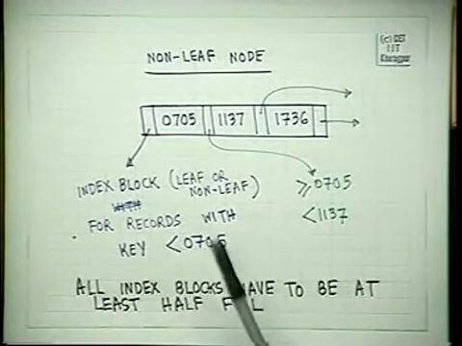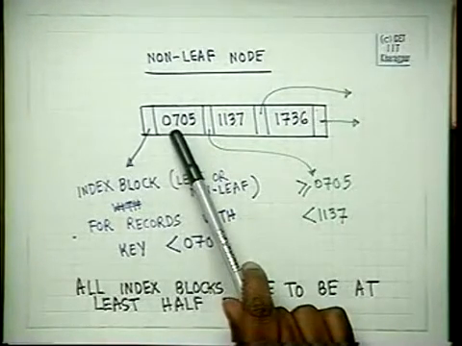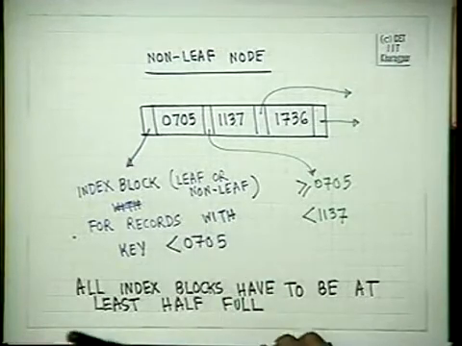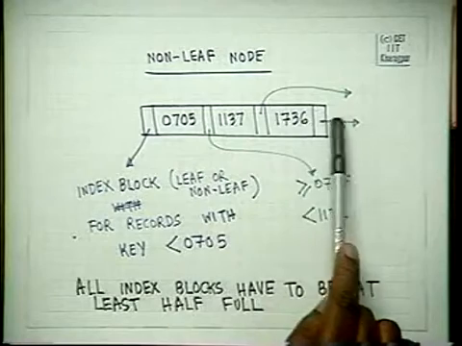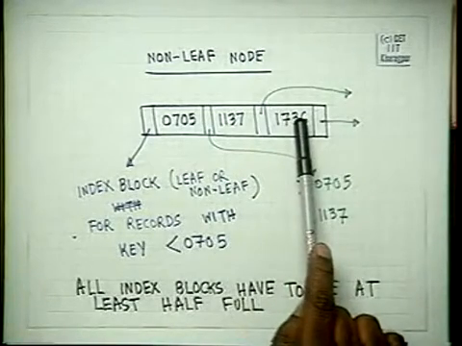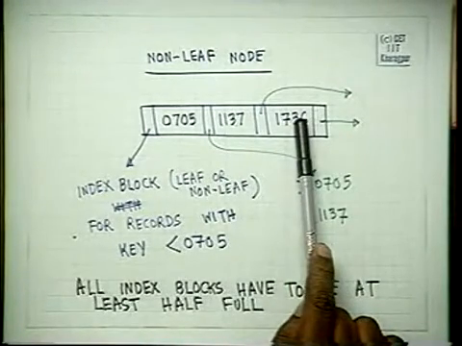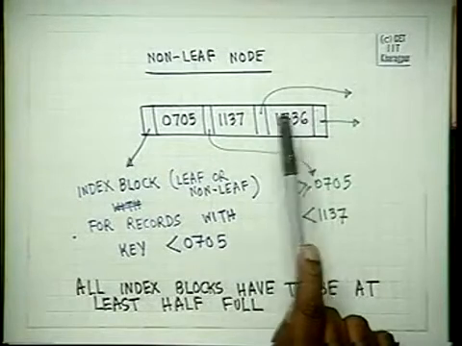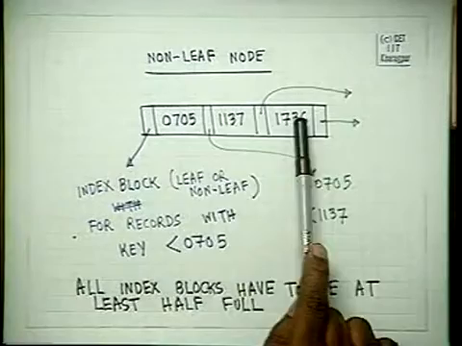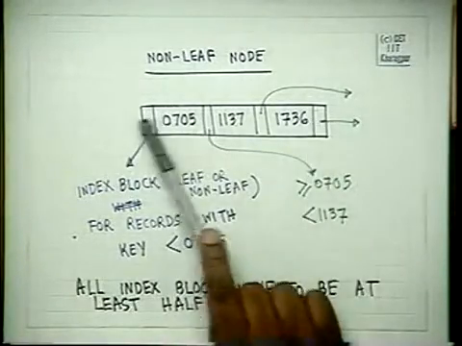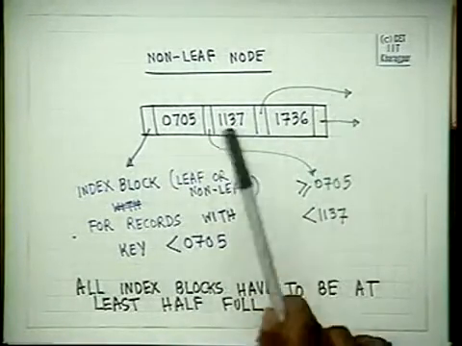What does this mean? Suppose I have only 1 or 2 records, then I need not have all these values. This may be null and this value may not exist, but I cannot have it such that all values do not exist. If all values do not exist, then obviously this node has no meaning.